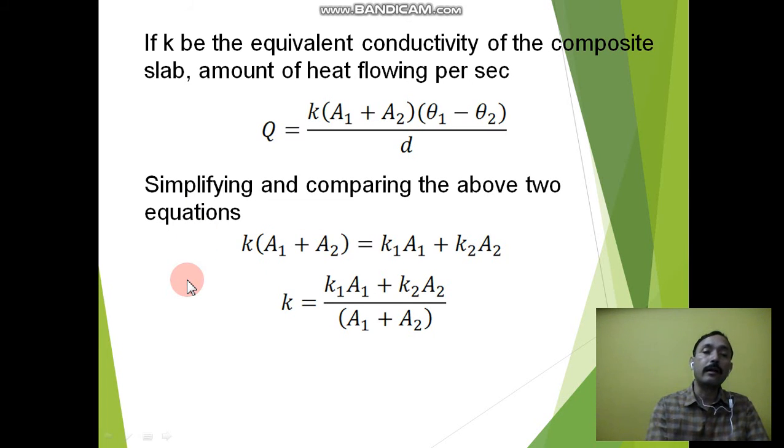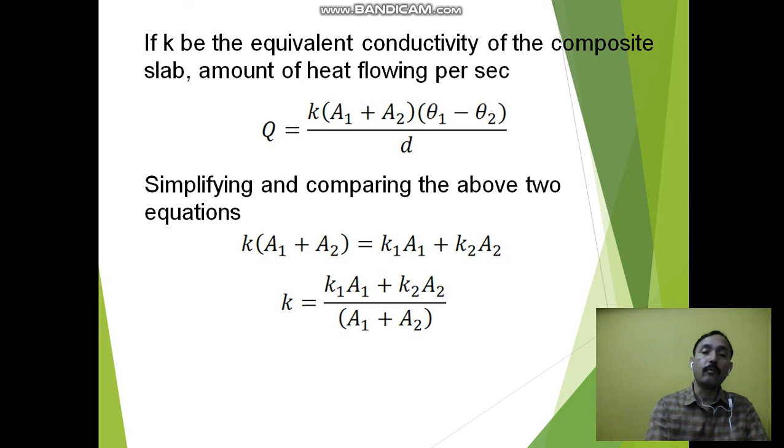Thus the equivalent conductivity K becomes (K1 A1 plus K2 A2) by (A1 plus A2), where K1 is the thermal conductivity of the slab A whose exposed cross section area is A1, and K2 is the thermal conductivity of the slab B whose exposed cross section area is A2.